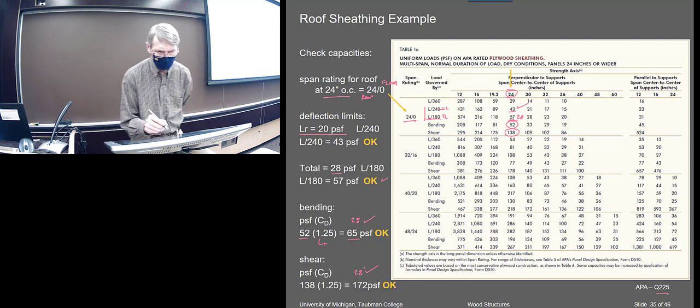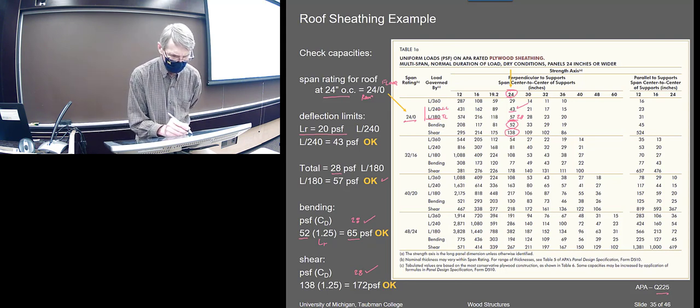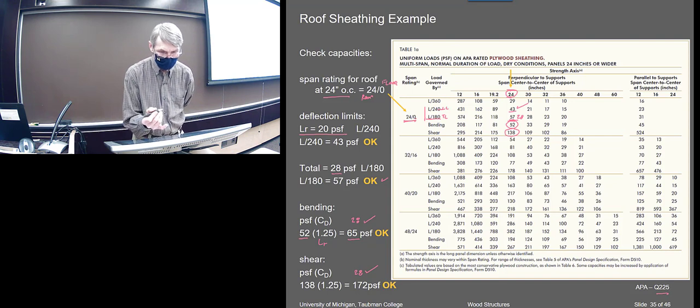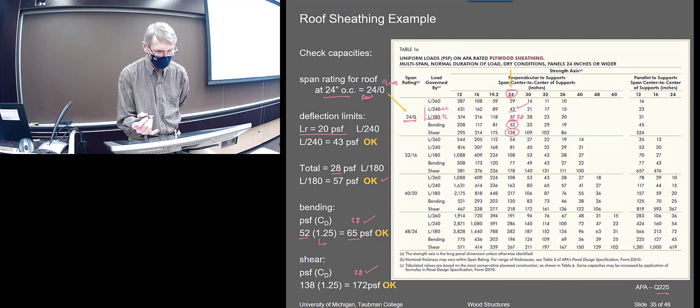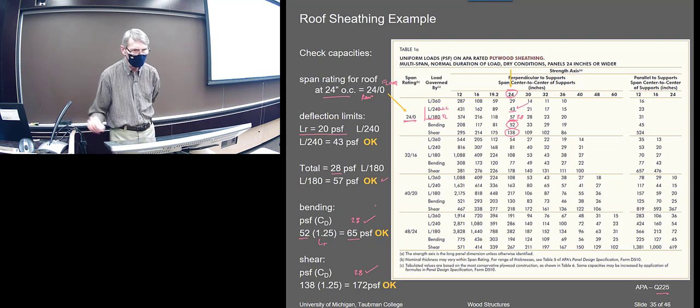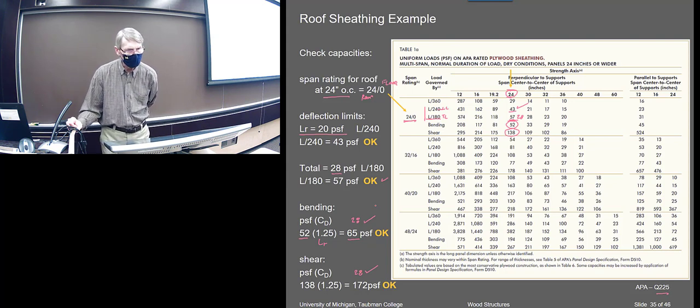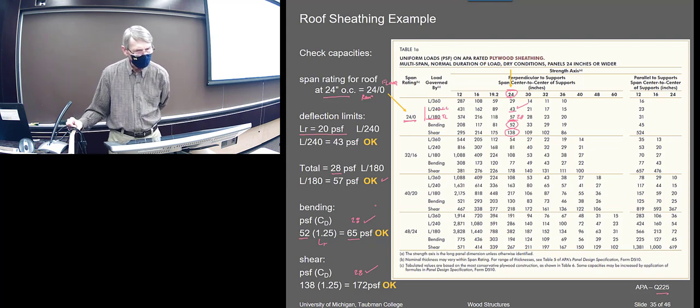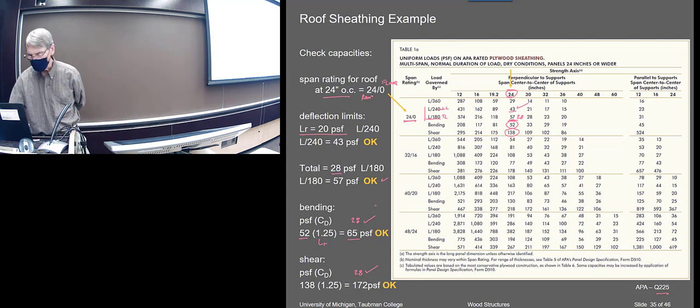So right now, that's kind of the lowest grade, right? It's not like I started at the top, but that 24 by 0 would be the bottom of it. So that one looks like it is what we want for span rating.